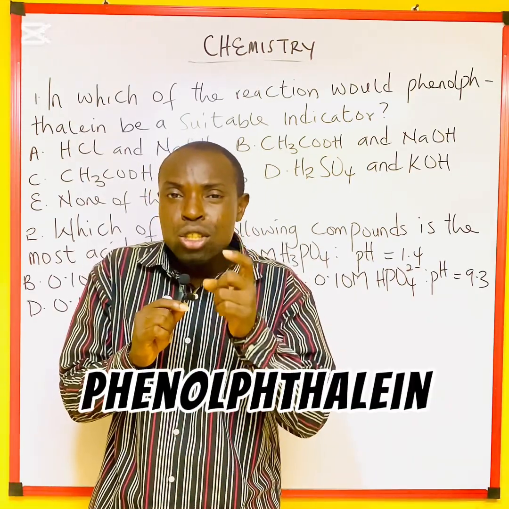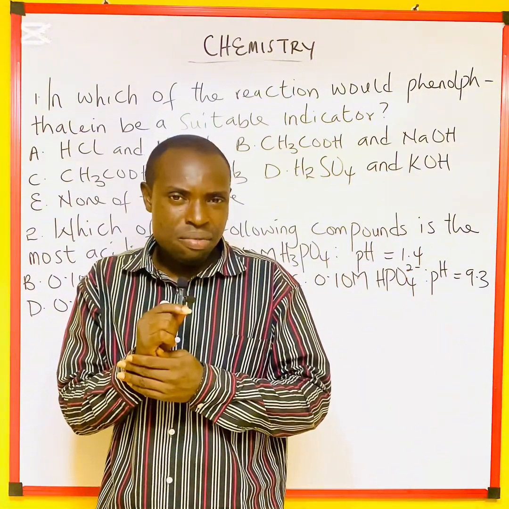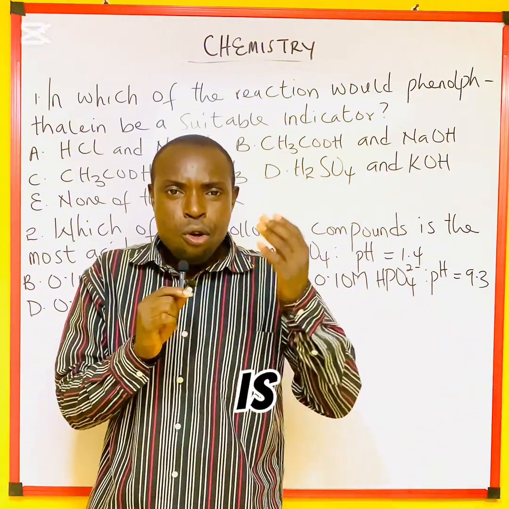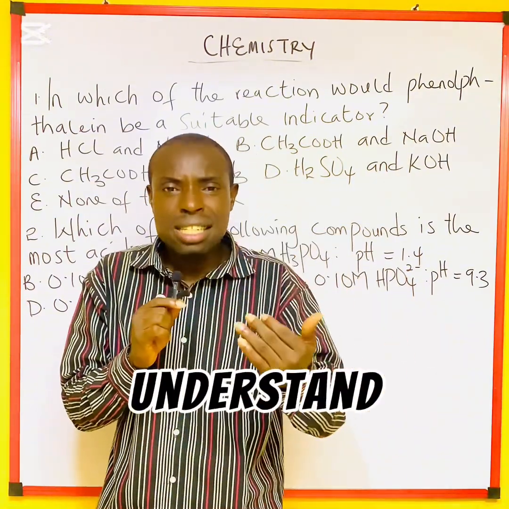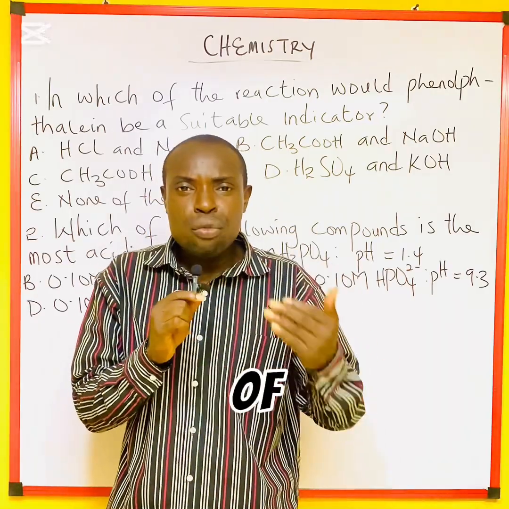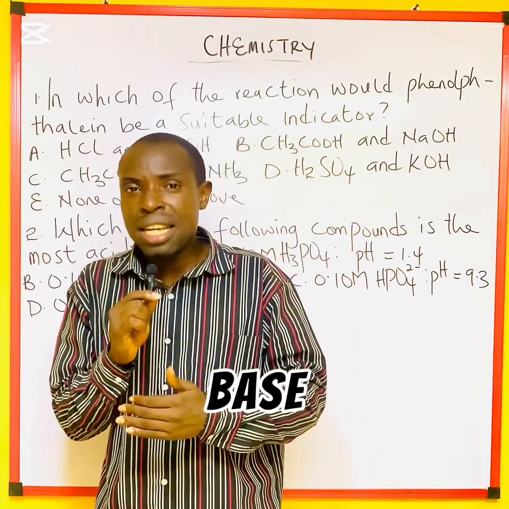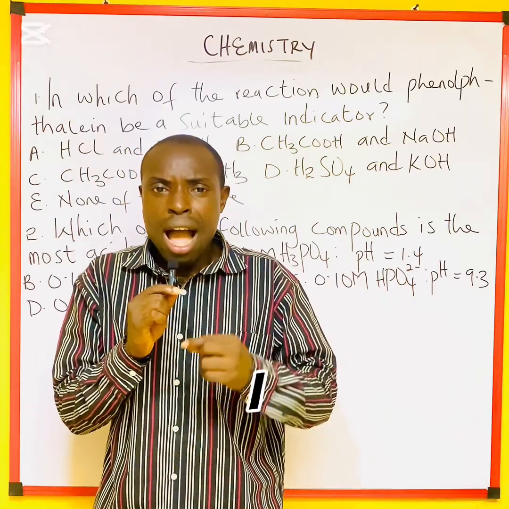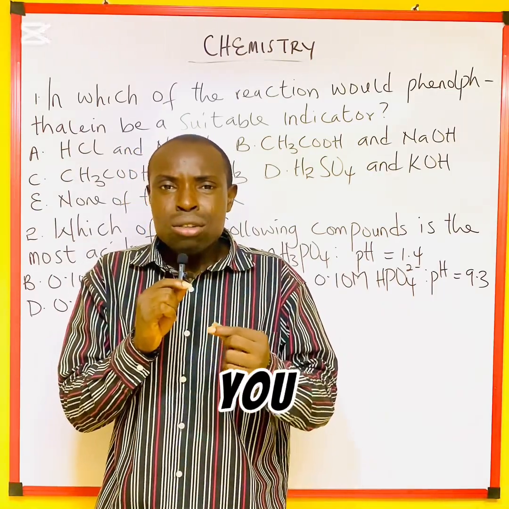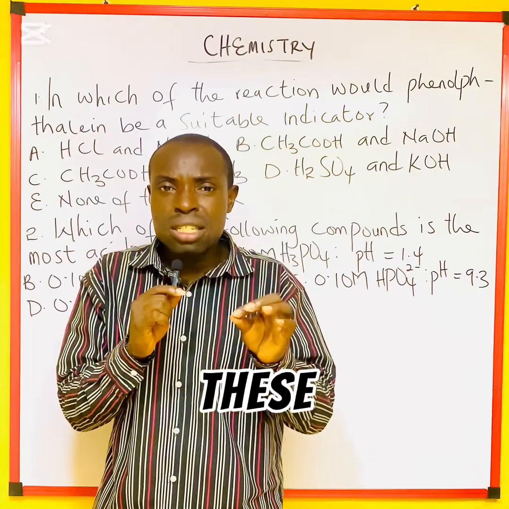But when we make use of a weak acid and a strong base, take note, the suitable indicator would be phenolphthalein. Students should understand the definition of a strong acid, a strong base, a weak acid, and a weak base. In this video, I will be giving you short definitions of these.